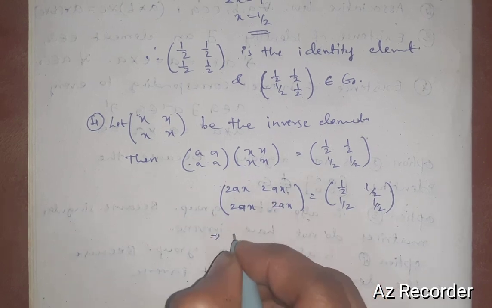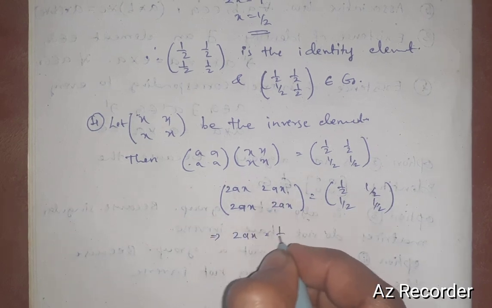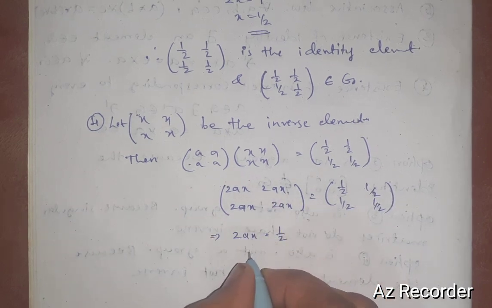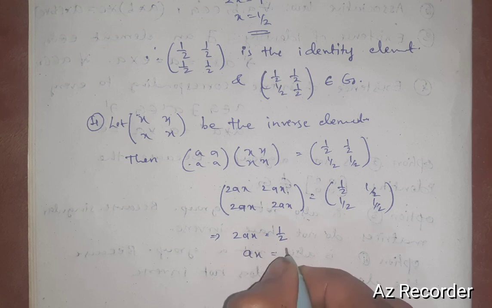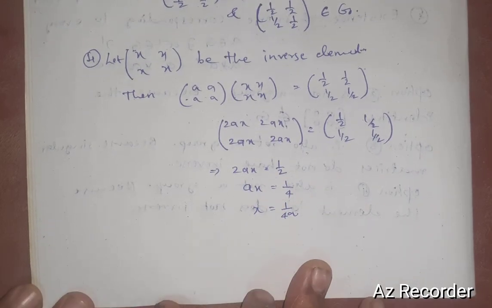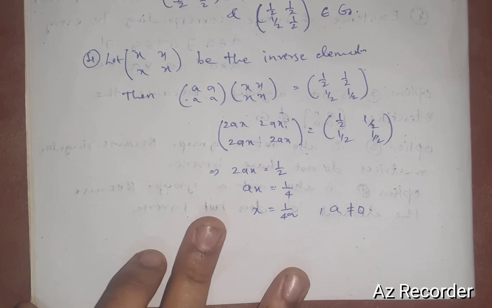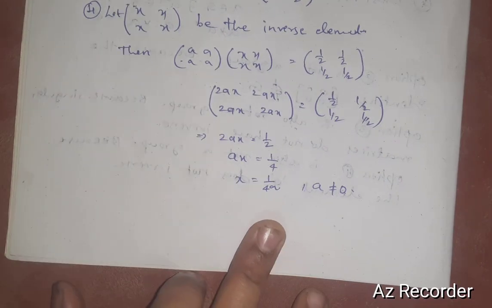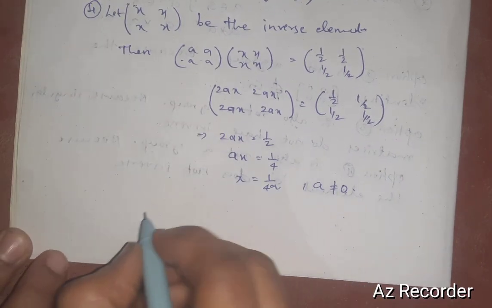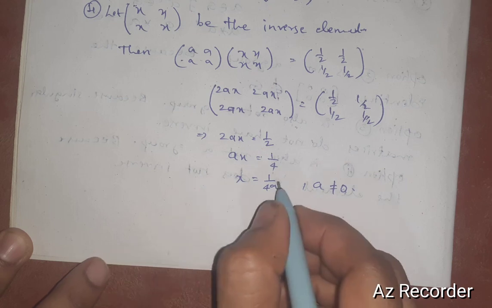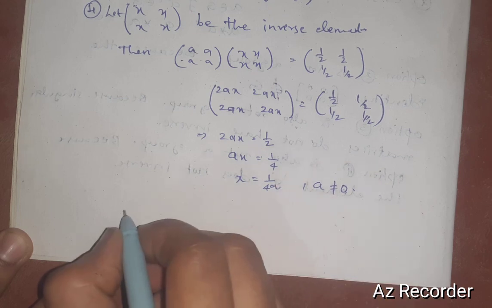So here you will get 2ax equal to half. So ax will be equal to 1 by 4. So x will be 1 by 4a, provided a is not equal to 0. They have given a not equal to 0 already. Therefore, clearly 1 by 4a is a rational number.